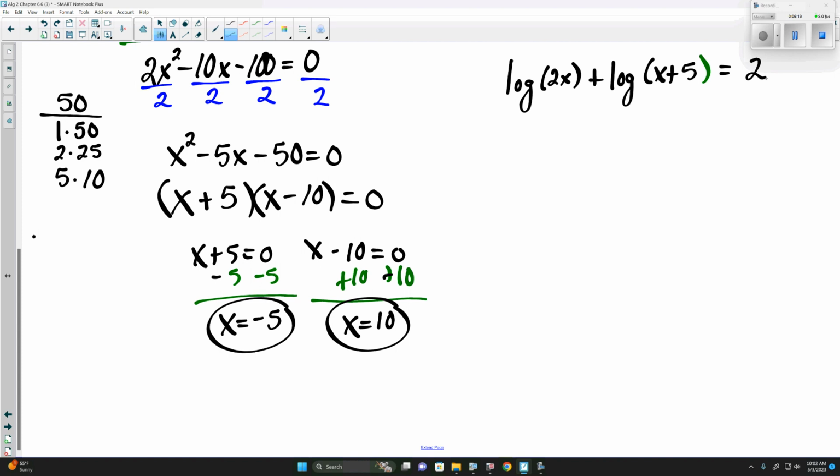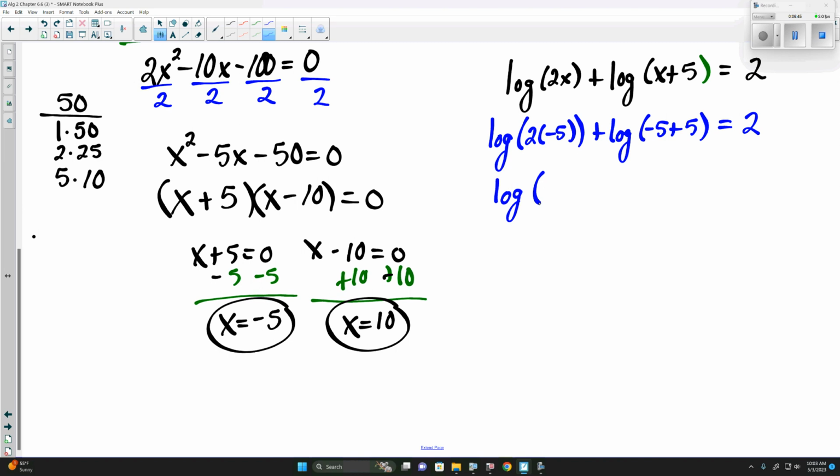Now, we do need to check it and make sure. Because whenever we're solving logarithms, it's good to sometimes check to make sure that everything does work. So the first thing we can check is when x is negative 5. If we simplify this out, 2 times negative 5 is negative 10.